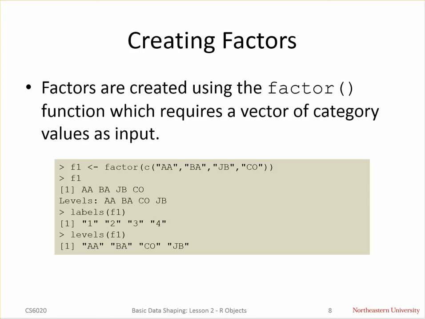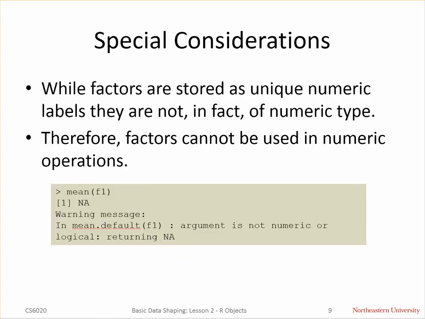So now we have the factor variable F1, which consists of the factors AA, BA, JB, and CO. What's also interesting is that if you look at the labels for F1, I get 1, 2, 3, 4, so it actually encodes them as internal numerics. And then the levels of the factor are AA, BA, CO, and JB. So there is an internal correspondence between the numbers and the actual category values.